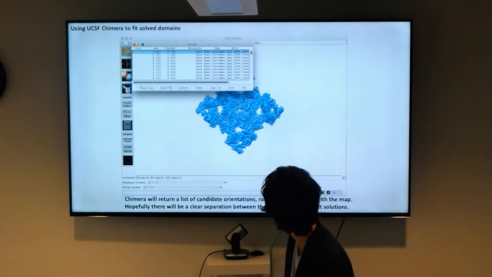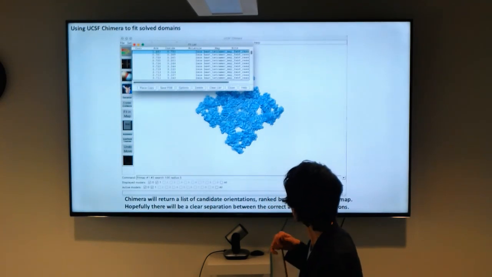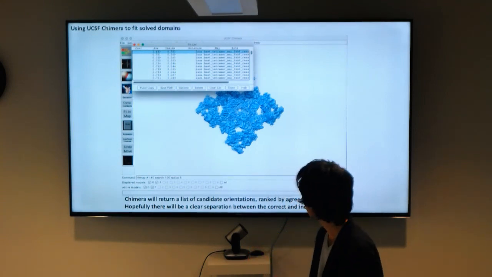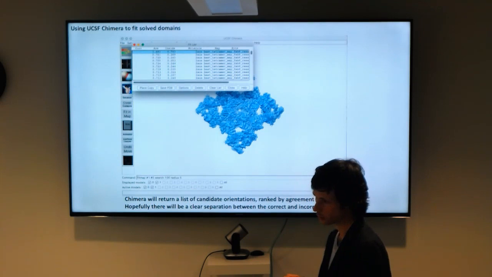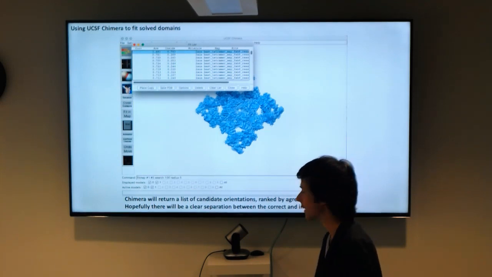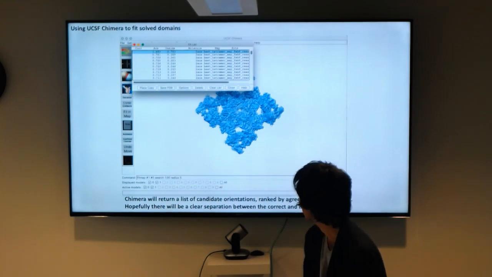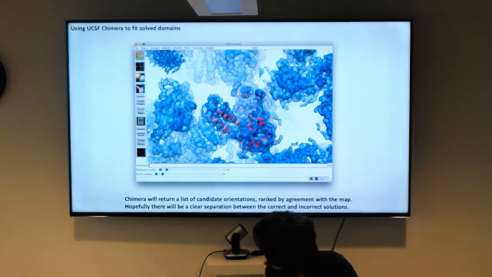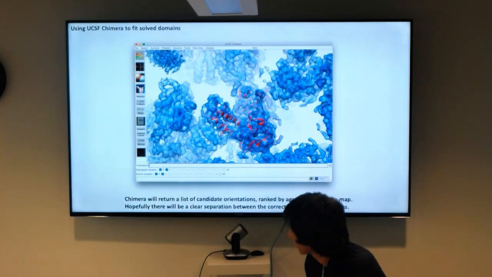And what you hope is that you will have one candidate orientation that is clearly separated from the others, that has better correlation coefficient with the map, and that should be clearly visually distinguishable as being the correct situation. Which you can see is the case here.